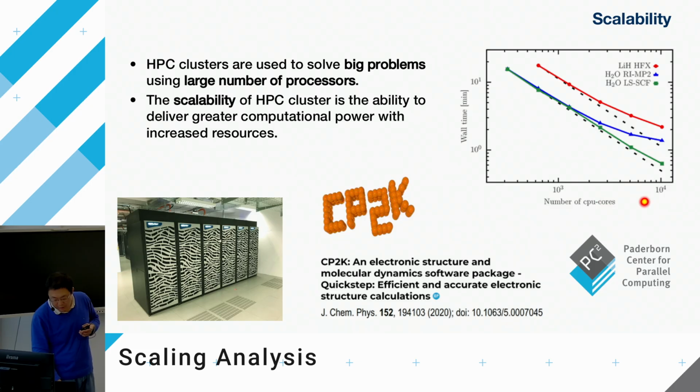Here, the plot, maybe the fonts are too small, but what I can tell is up to 10,000 CPU cores. As you can see, the calculation can utilize more than 10,000 CPU cores to get a constant speed up for some atomistic simulation calculation. Therefore, the scalability of an HPC system is really important.